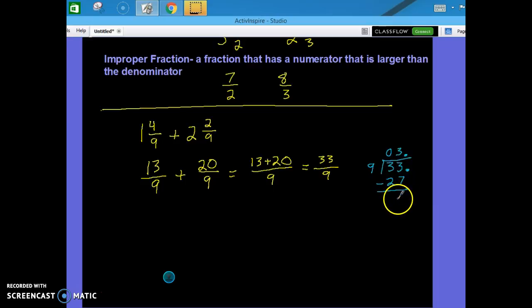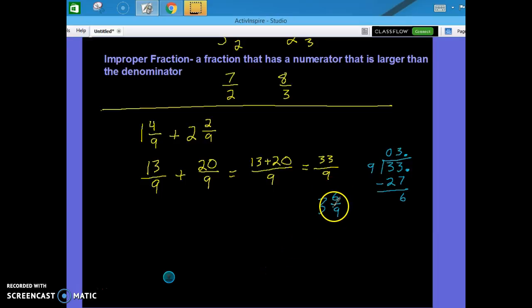We'll subtract, 33 minus 27 is 6. And that's all that 9 will go into 33 all the way. You're going to have more after the decimal. So 33/9 is going to be 3, and then the remainder over the number. So 3 and 6/9.